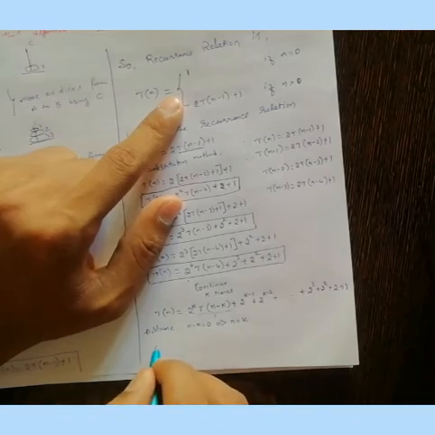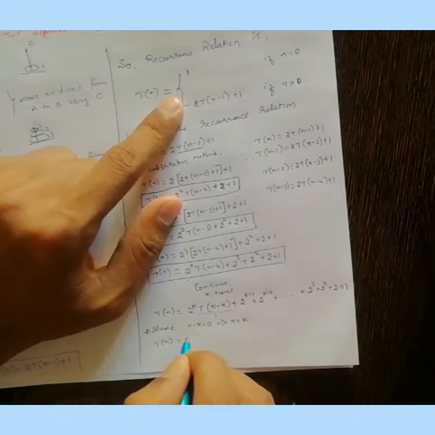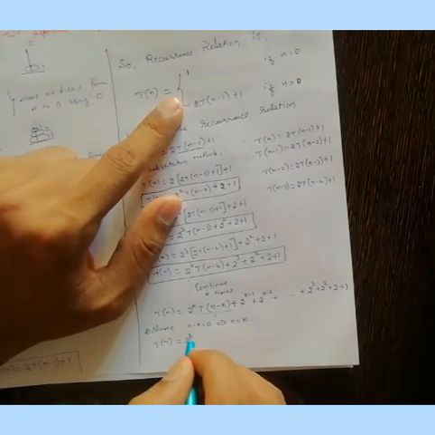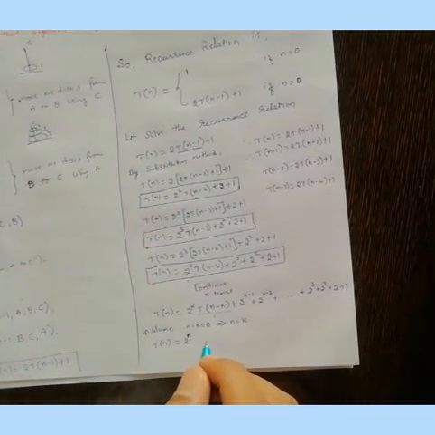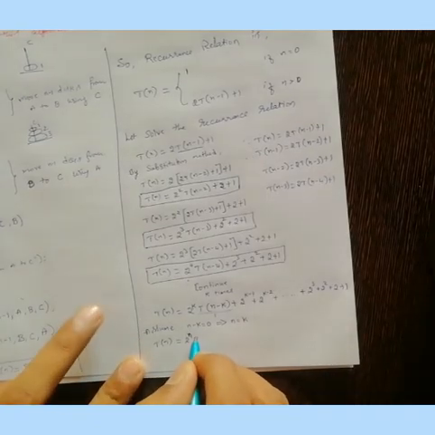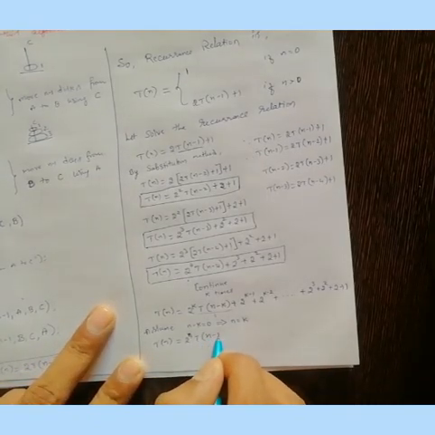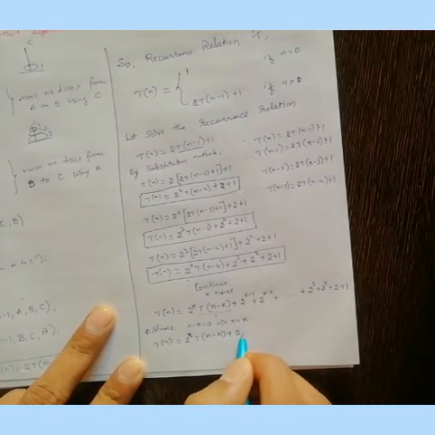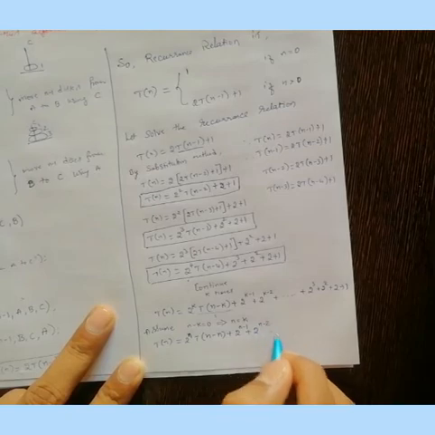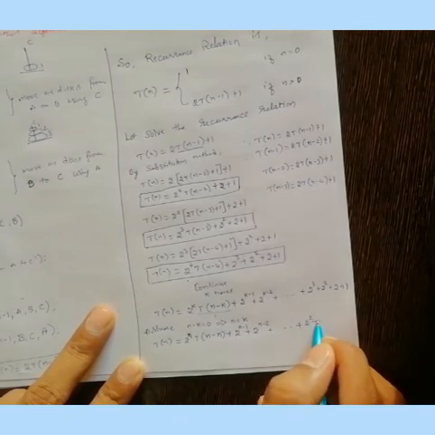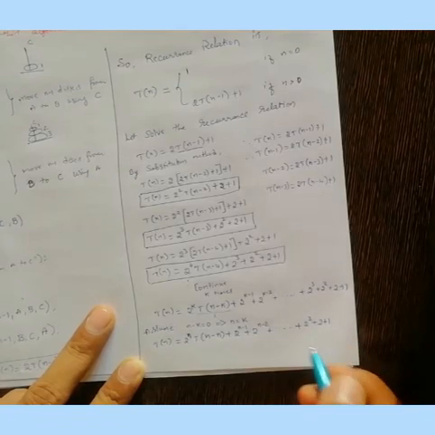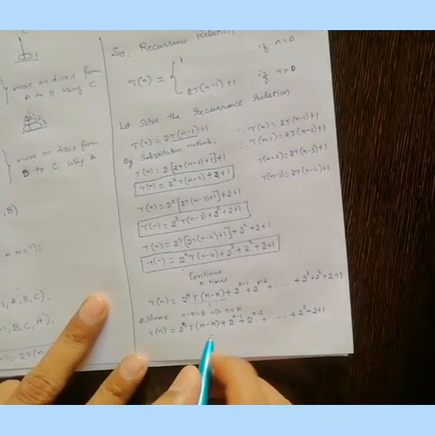So T of n is equal to 2 power n, in place of k I substitute n, 2 power n T of n minus n plus 2 power n minus 1 plus 2 power n minus 2 plus so on up to 2 power 2 plus 2 plus 1. I have not written this, so just assume no paper for me.